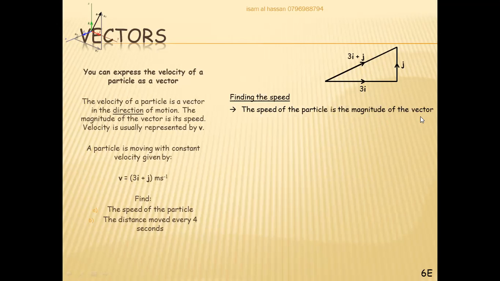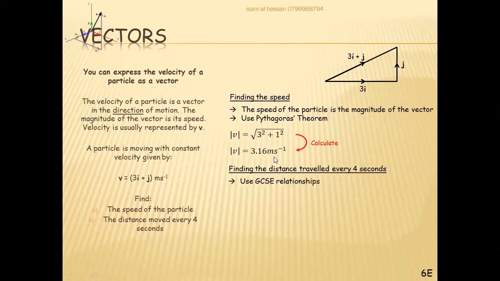The speed is the magnitude. So the speed of the particle is the magnitude of the vector, the velocity.